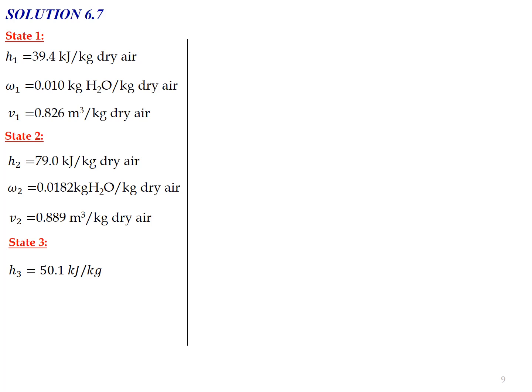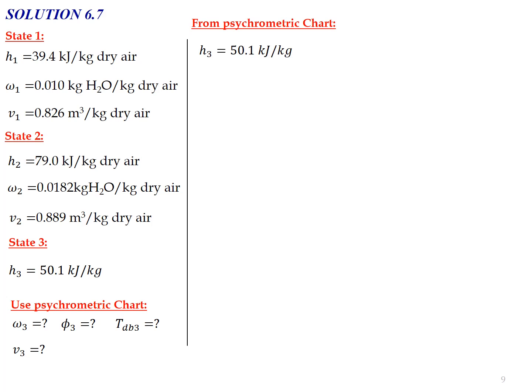For state number 3, at the beginning we already calculated the value of H3, where H3 equal to 50.1 kJ per kg. Based on this value, we implement it on the psychrometric chart. Then we determined the value of omega 3, where omega 3 equals 0.012 kg H2O per kilogram dry air.